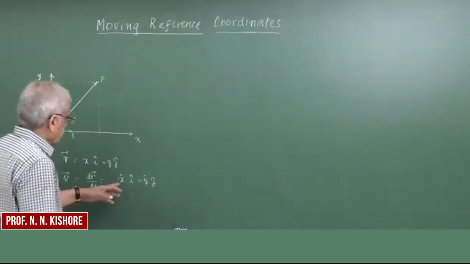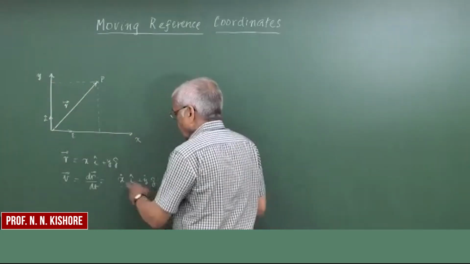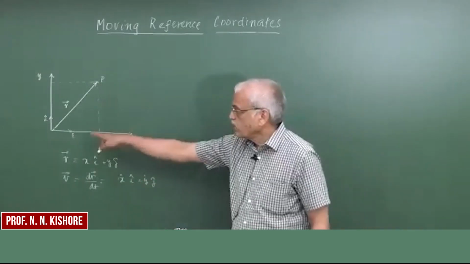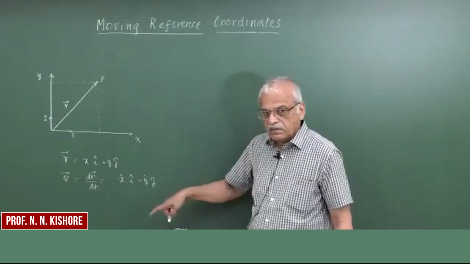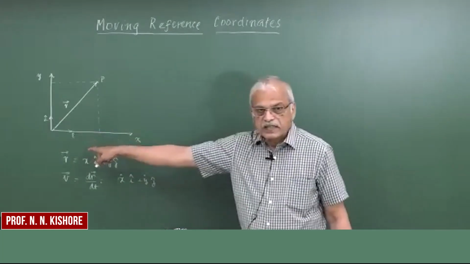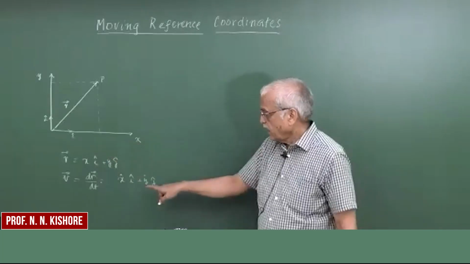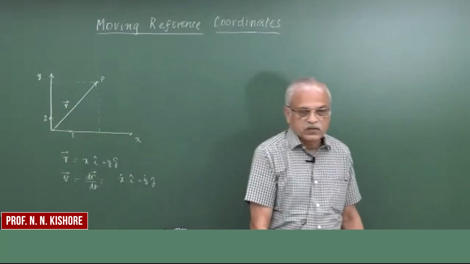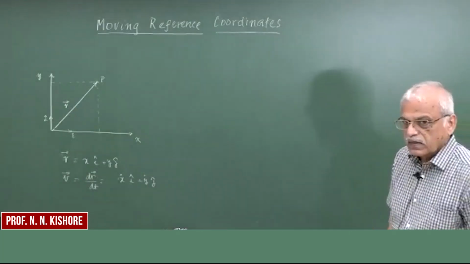That means you take the time derivatives of x and y, and they are in the directions of i and j. So if the x coordinate is changing with time, you find x dot and put it in the direction i, find y dot and put it in j, and then vectorially you add them, and that will give you the velocity.